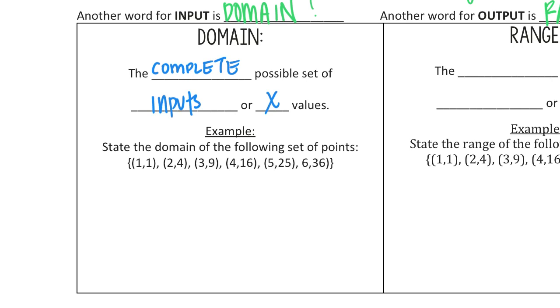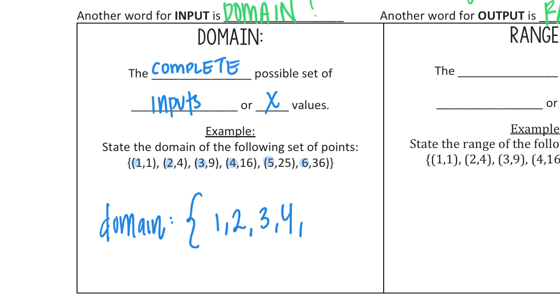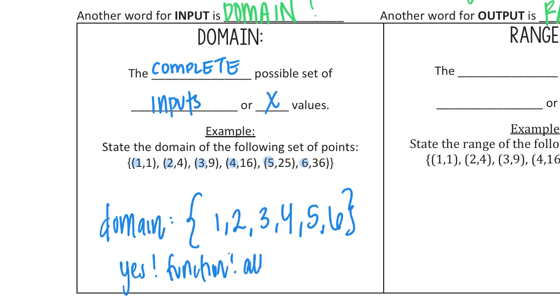So if we look here, if we want to state the domain, we're only looking at the x values of these points. Since it's just a list of numbers, we're going to list those using brackets. So we would say that the domain, the list of x values, would be 1, 2, 3, 4, 5, 6. Now, this would be a function. It doesn't ask us this, but I'm just reviewing.